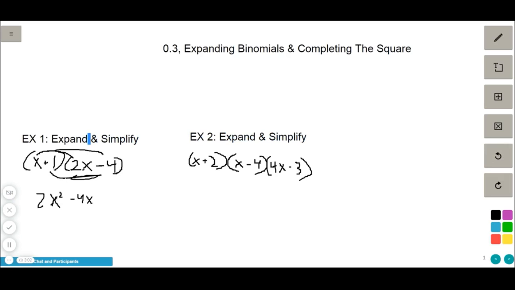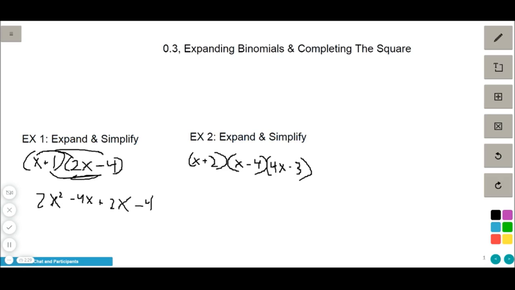And now you do the same for the second term in the first binomial, and you multiply it to the second binomial. When you multiply this term to this term, you're going to get 2x. And now when you multiply 1 times negative 4, you're going to be left with negative 4.